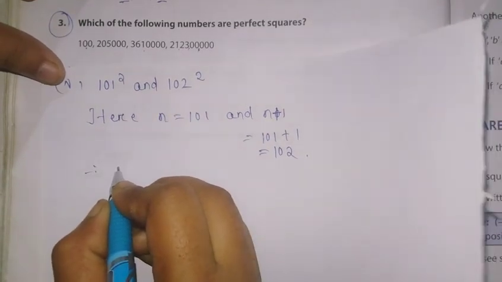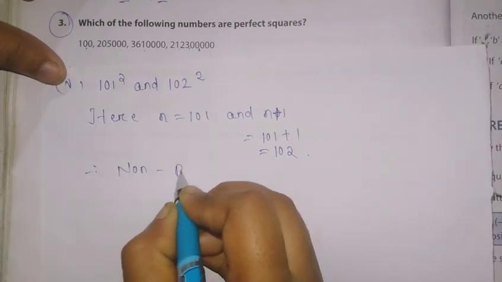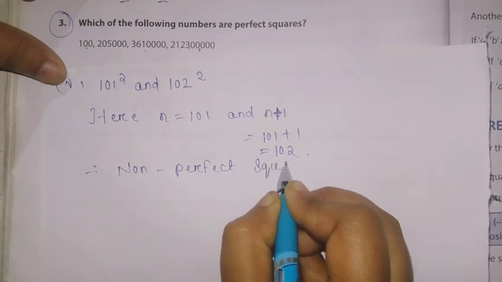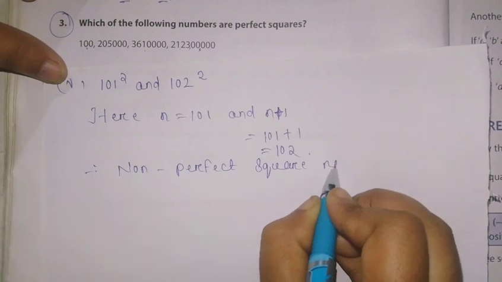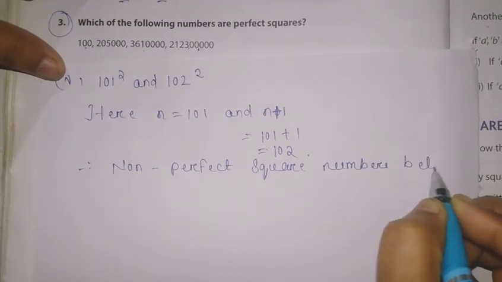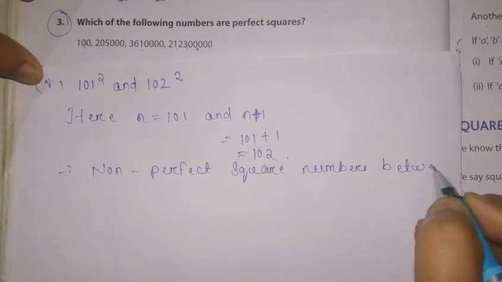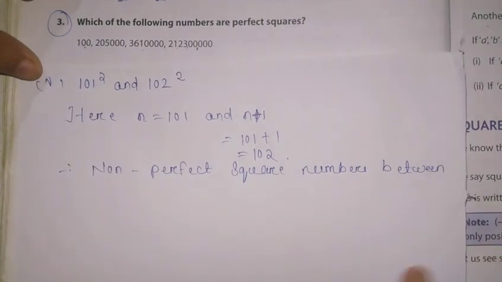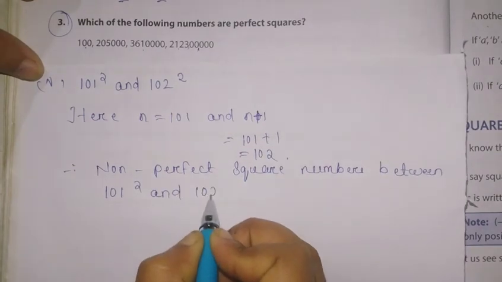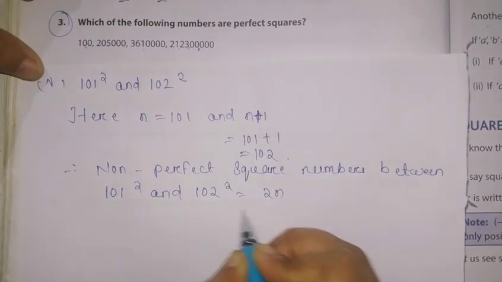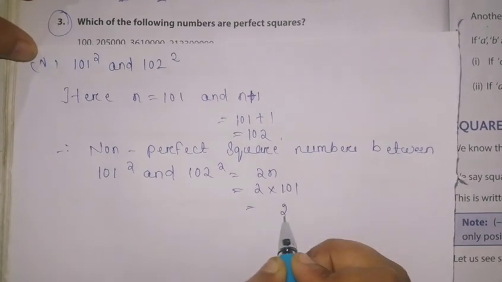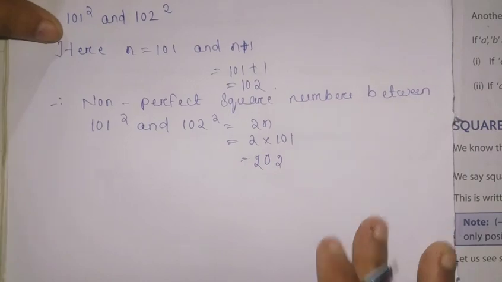So non-perfect square numbers between 101 square and 102 square equal 2n. Then 2 into 101 equals 202.